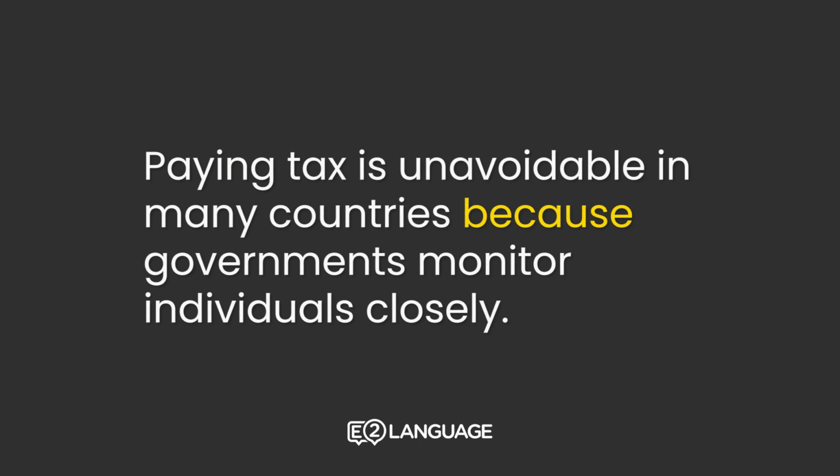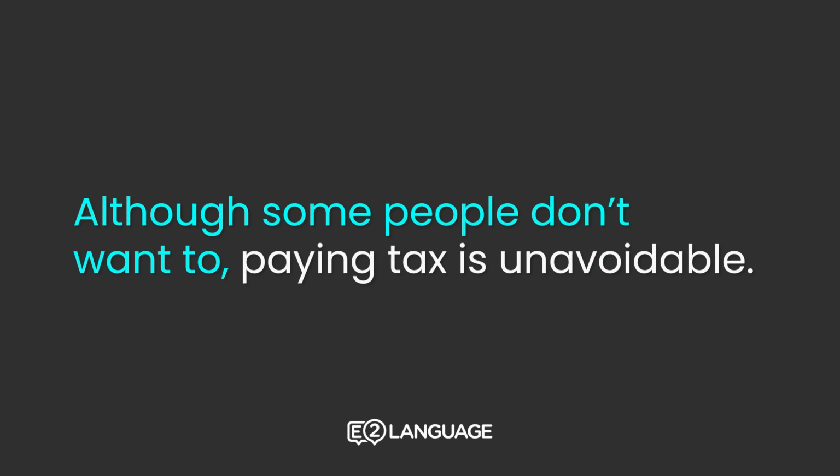And if we were to write a complex sentence, we could say, although some people don't want to, paying tax is unavoidable. Here, the ing word, paying, or the subject, paying tax, is playing the role of the sentence subject.